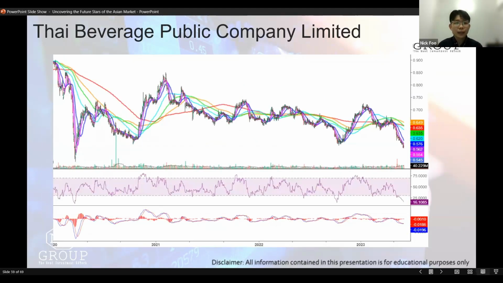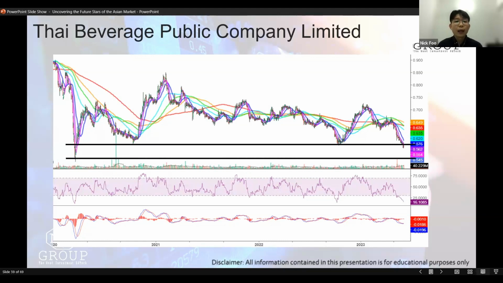If you look at it from the technical perspective, yes, recently the share price plunged. But I think the recent sharp decline in the share price is grossly oversold, and it is going to find a strong support level soon.